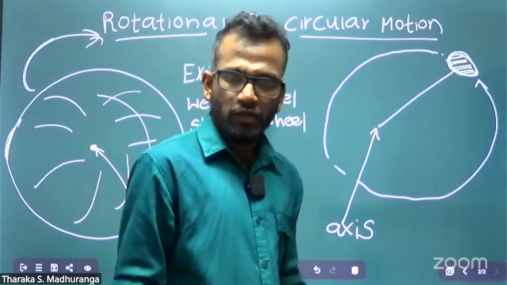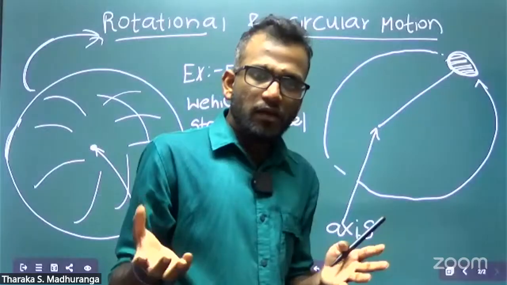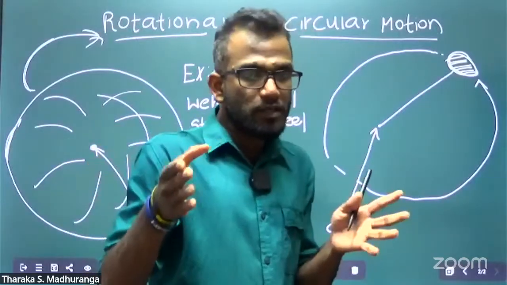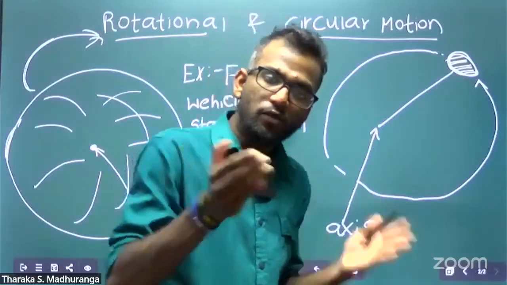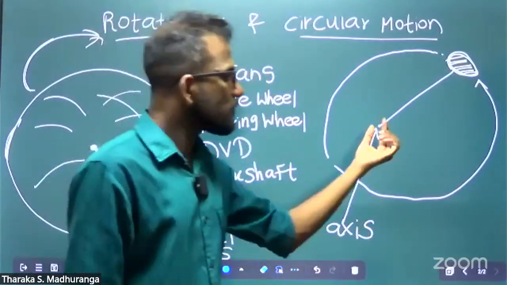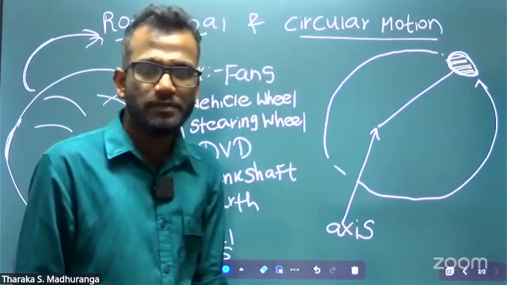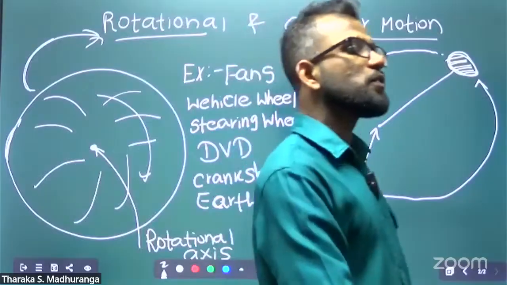Circular motion, the object rotating around any axis. That's the meaning. Around an axis means the rotational axis is outside from the object. This is the rotational axis, this is the object. It is outside. Okay, now send me examples for circular motion.